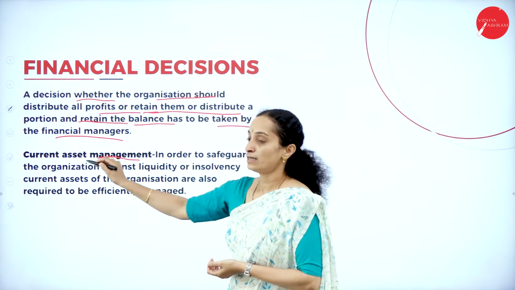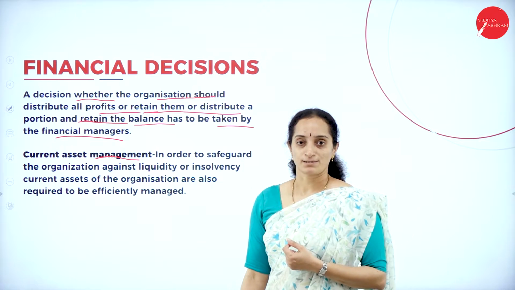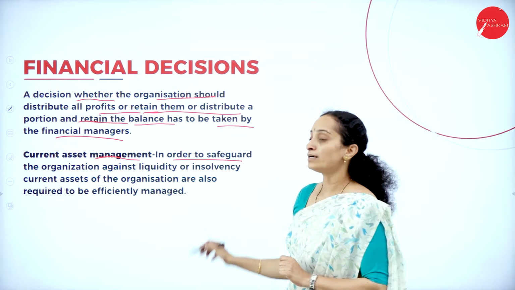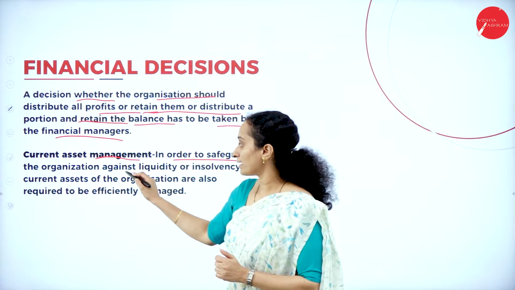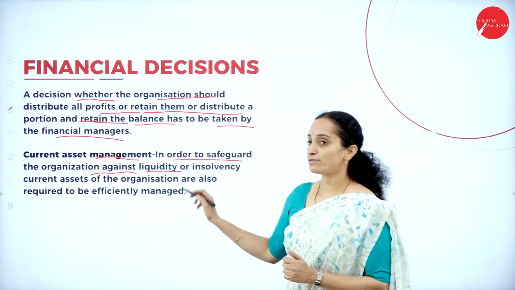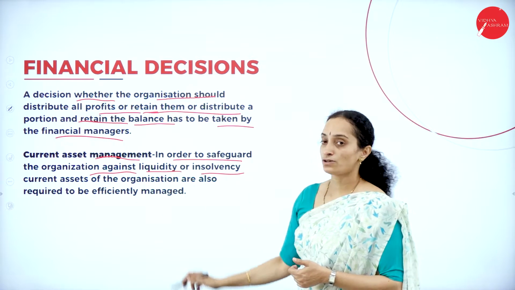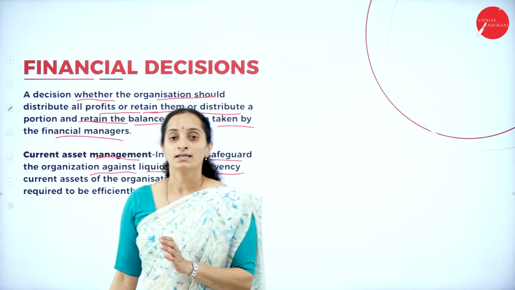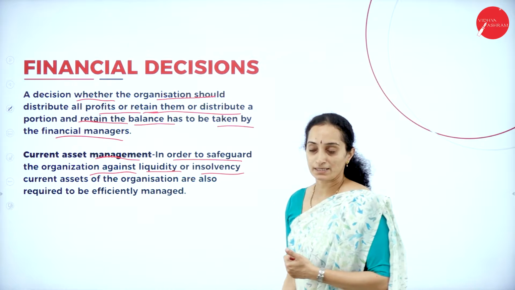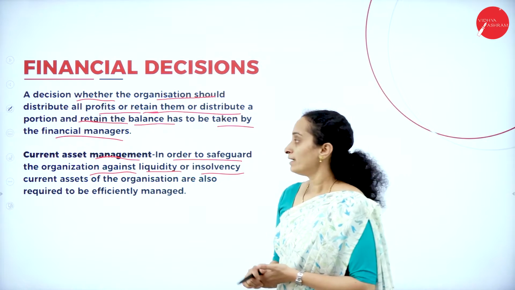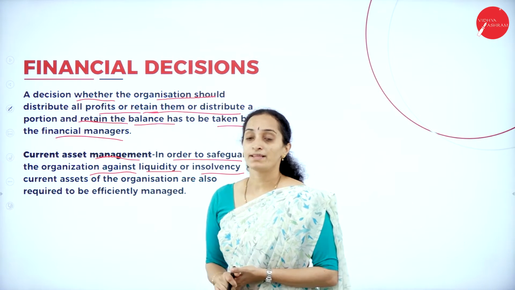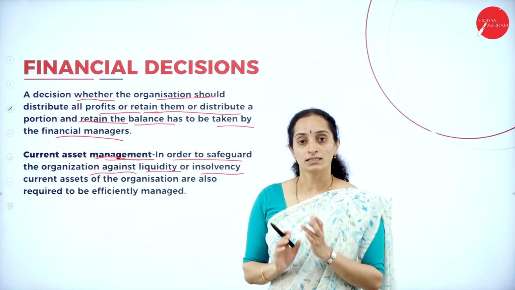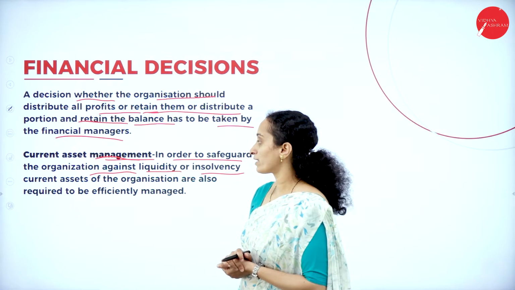Along with that, the current asset management. Who is going to do the current asset management? In order to safeguard the organization against liquidity problems or insolvency, to avoid the organization going through bankruptcy, the financial manager must manage the assets in the organization.